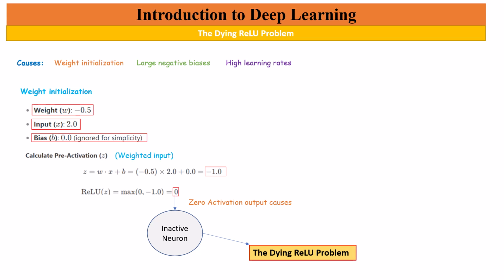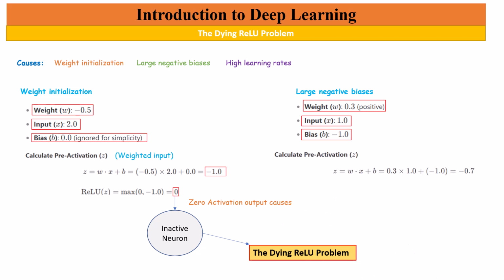A large negative bias term in the neuron can cause its output to consistently fall below 0. Now we demonstrate how a large negative bias can contribute to the Dying ReLU problem, even when the weight is positive. In this case, the weight W equals 0.3, the input X equals 1, and the bias B equals -1. The pre-activation value is calculated using this equation. It outputs -0.7.